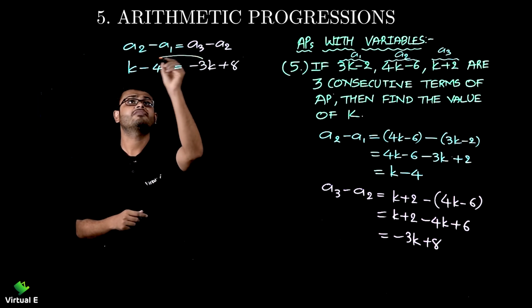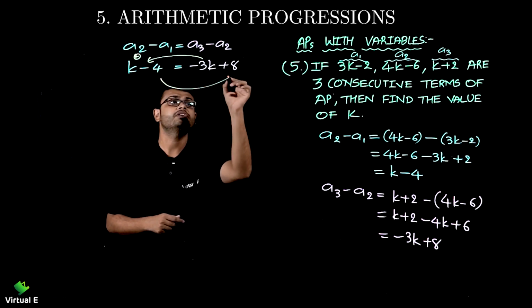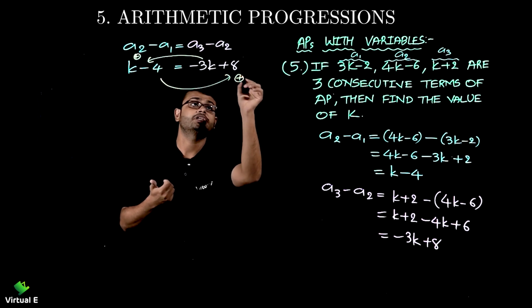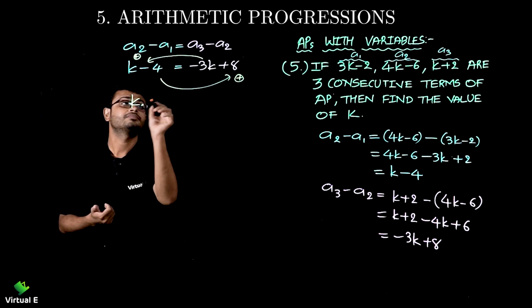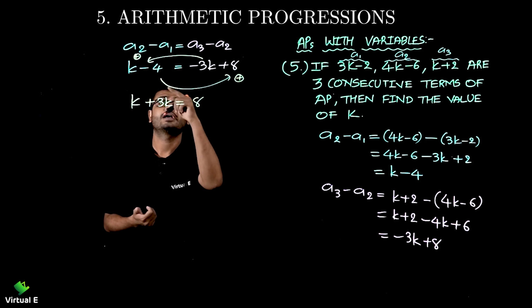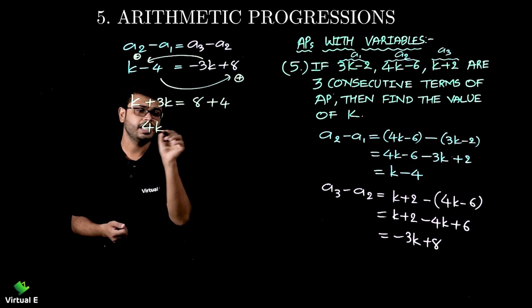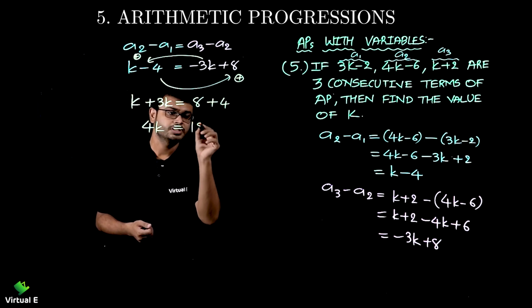So minus 3k if I shift, it will become positive. Minus 4 if I shift, it will also become positive. So k plus 3k is equal to 8 plus 4. So 4k is equal to 8 plus 4, 12.